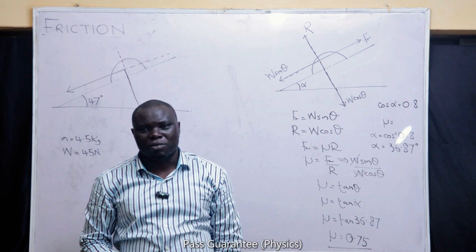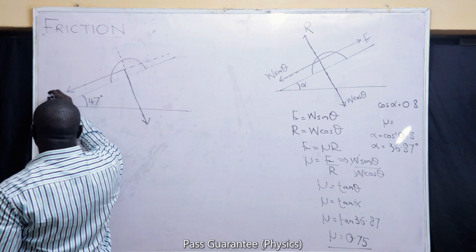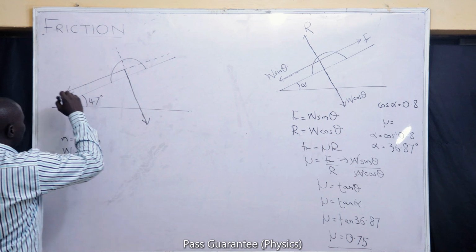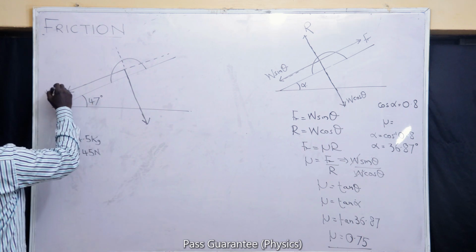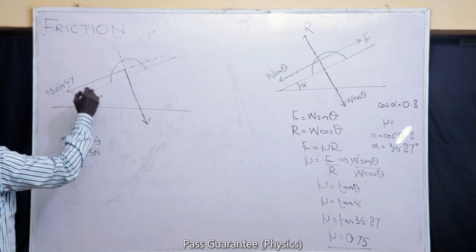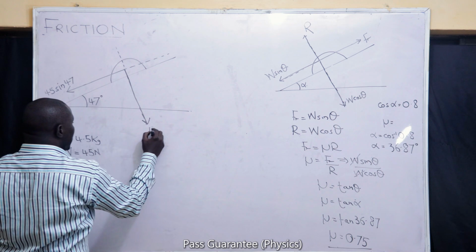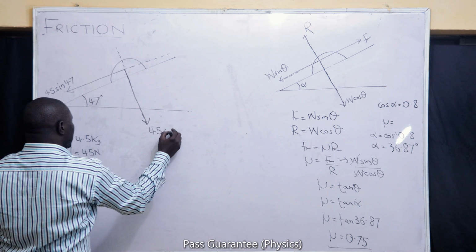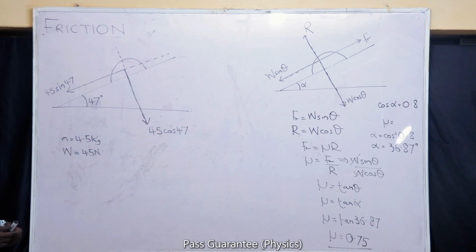Anytime you are solving a problem on an inclined plane, they can never change. So my W sin theta will be 45 sin 47 degrees, while my W cos theta will be 45 cos 47. Those two can never change.